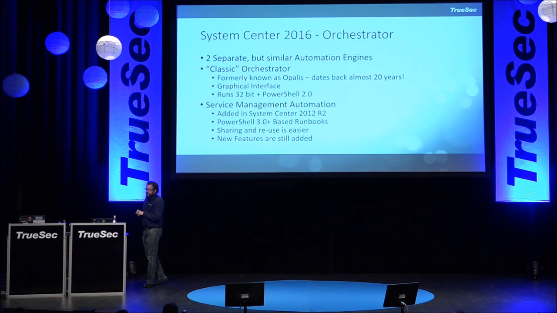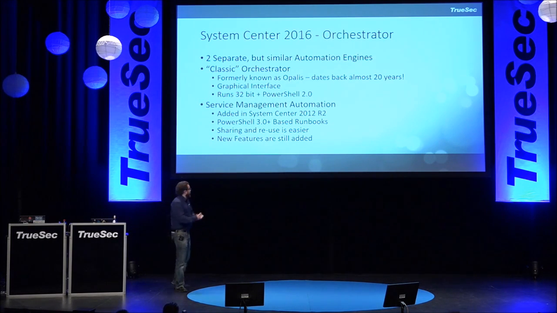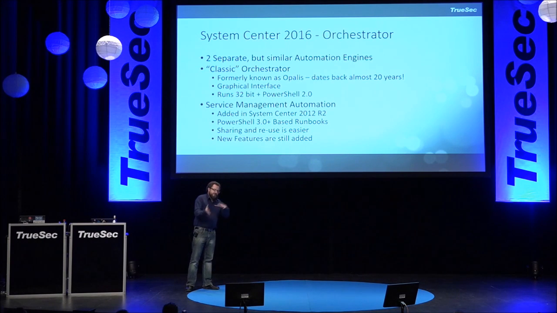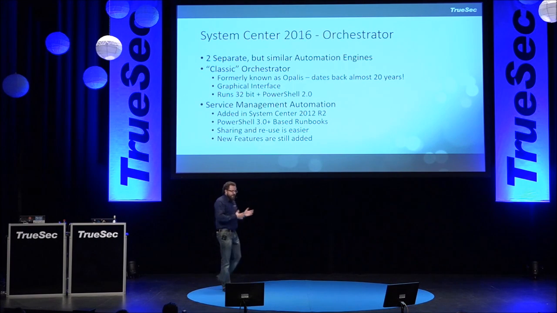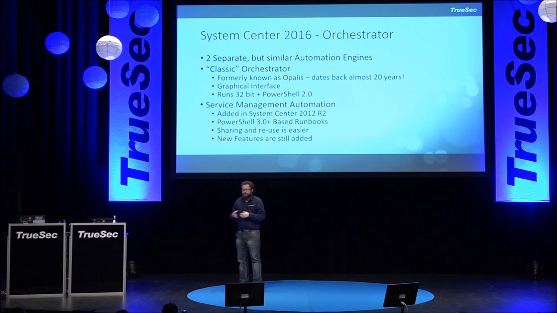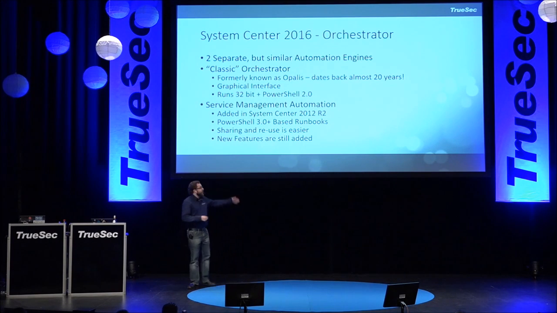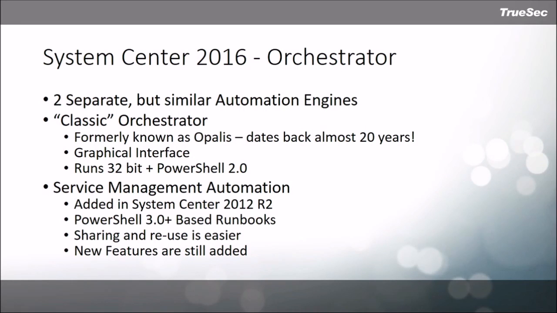I mean, usually you would have PowerShell running somewhere, maybe a PowerShell script running, and it's easier to convert, to move into SMA compared to creating it in the Classic Orchestrator. And that's mainly because the Classic Orchestrator, again, is 32-bit, and it's a PowerShell 2.0, which can be a challenging thing sometimes.